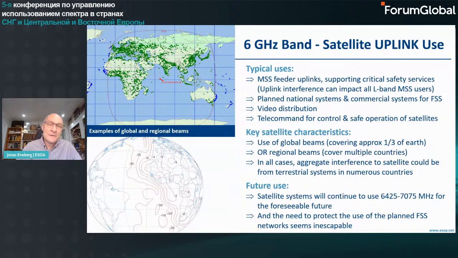And we see that these satellites will continue to operate for quite a long time, and there are new satellites also being deployed in this band. And I believe also that protection of the Appendix 30B allotments is essential for many administrations. So next slide, please.